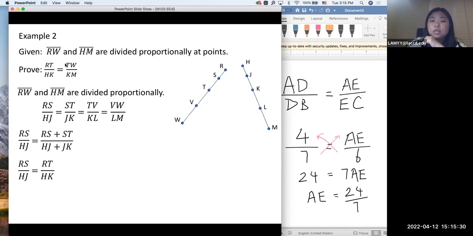Then we take care of the second part. For the second one, I'm going to use TV over KL equals TV plus VW over KL plus LM. Then use the line segment addition property: TV plus VW equals TW, and KL plus LM equals KM.